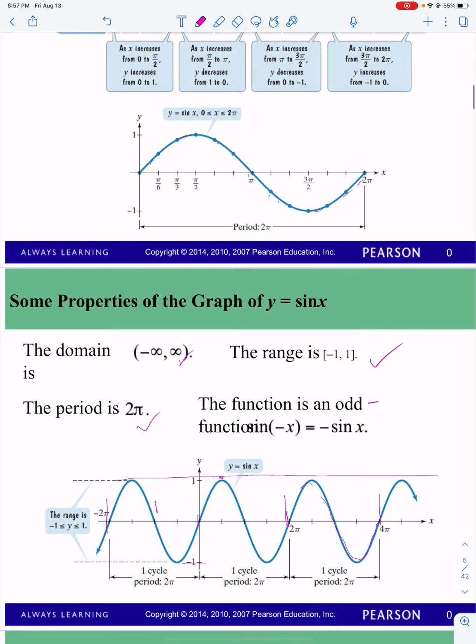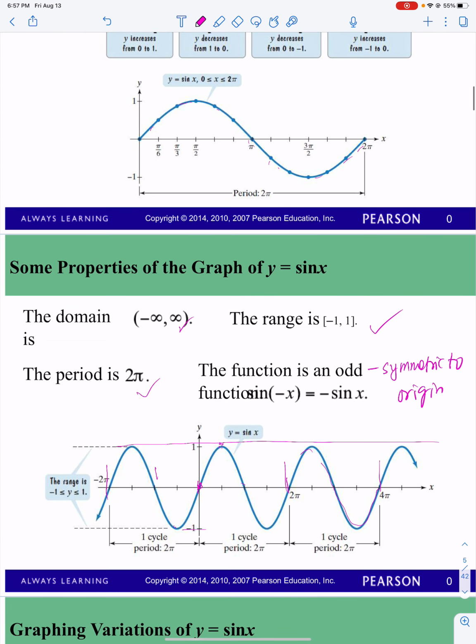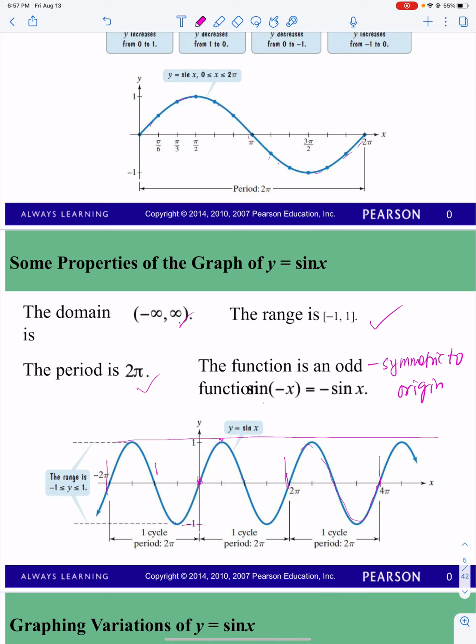Odd means what? Symmetric to the origin. Yeah, when you look at the picture, so it's symmetric to what? Origin. And here it doesn't say clearly, sine negative x equal to what? Negative sine x, yeah.